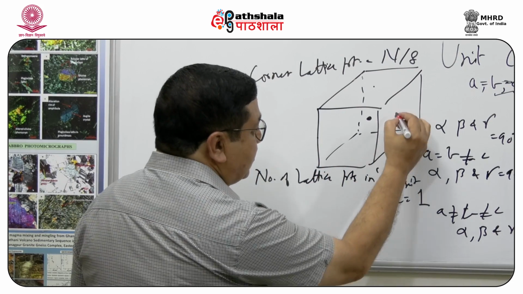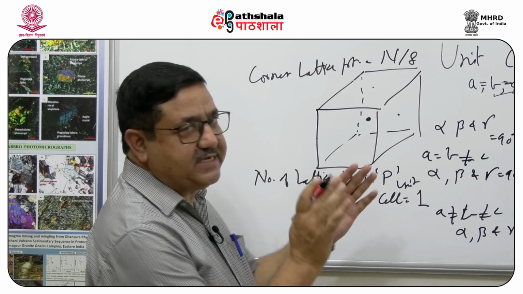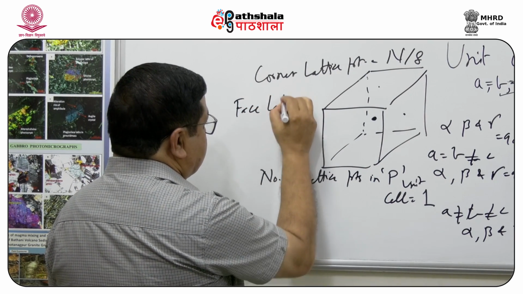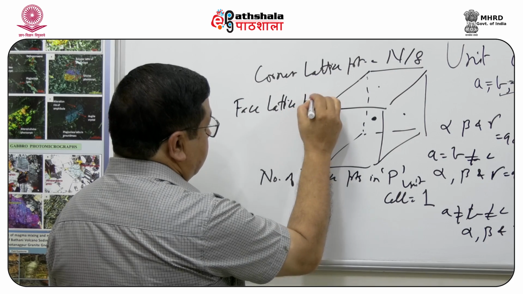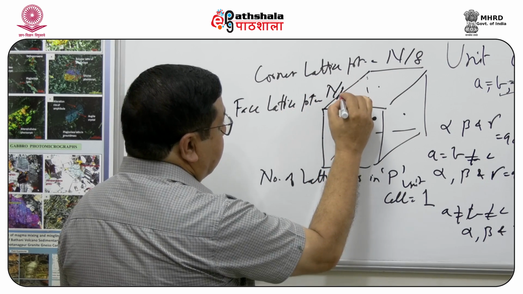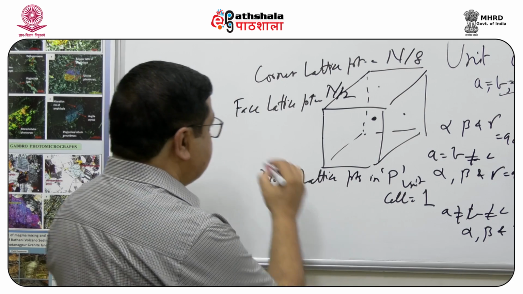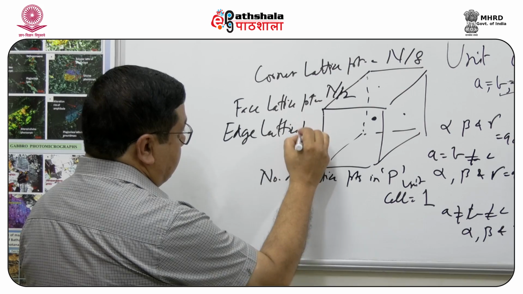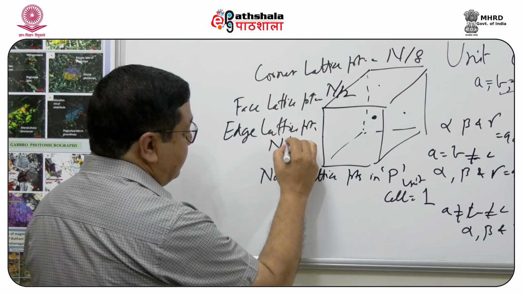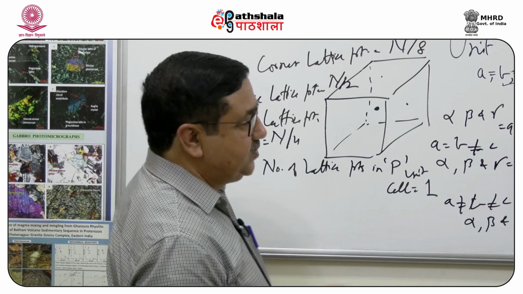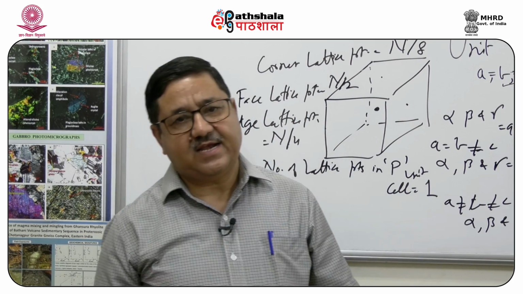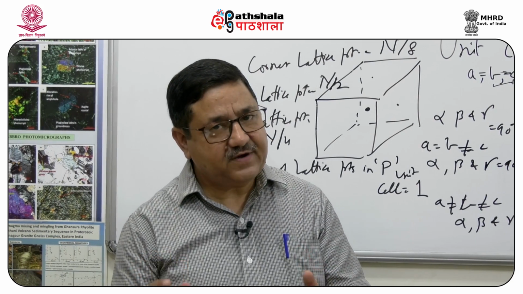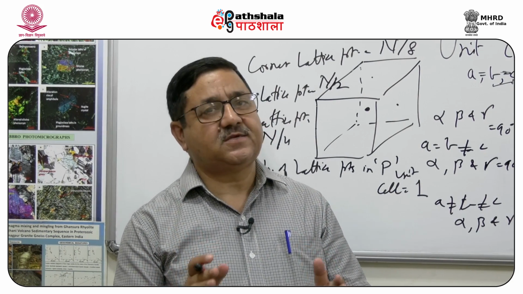Similarly, if we have one on the face, that will be shared by 2, so a face lattice point will be n by 2, and an edge lattice point will be n by 4. This way, in non-primitive unit cells, we can have different total numbers of points per unit cell.